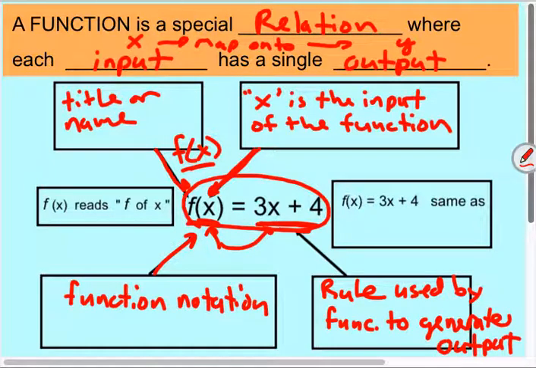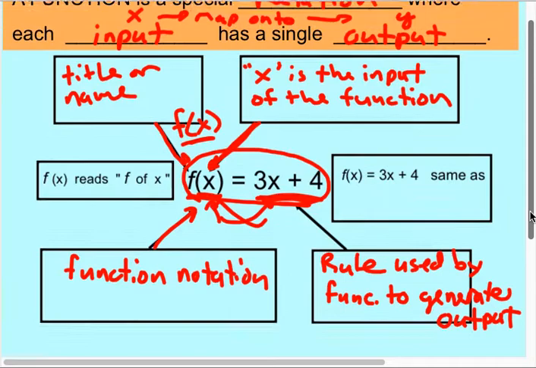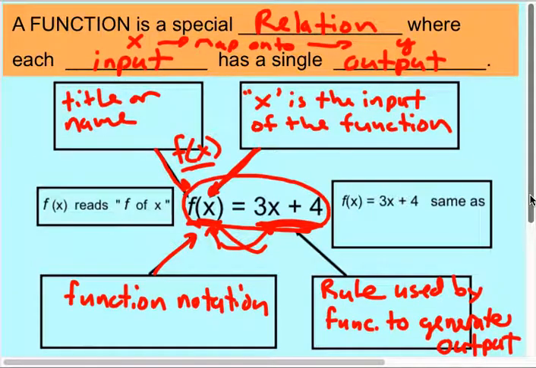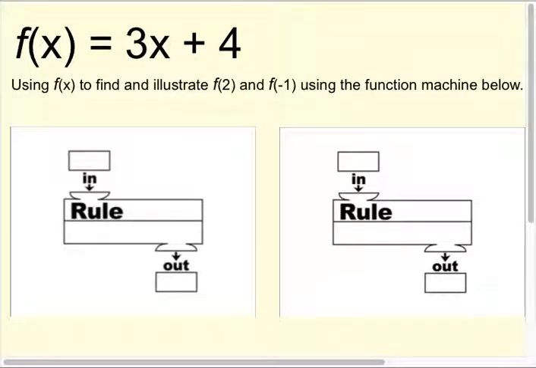This is going to give you your output value, which is equal to the title or the function notation here, f of x. So a little bit confusing, but we'll talk about it.